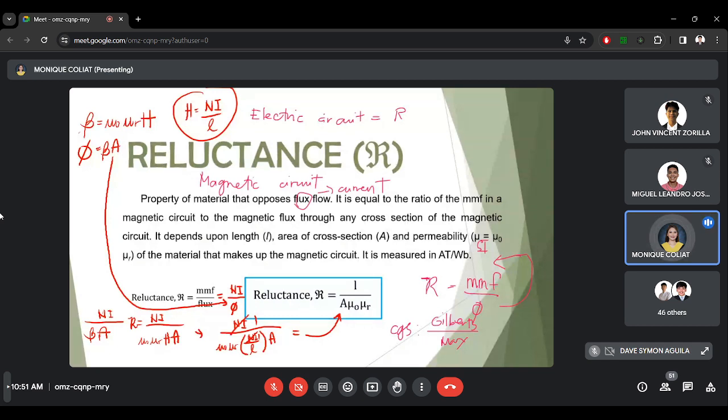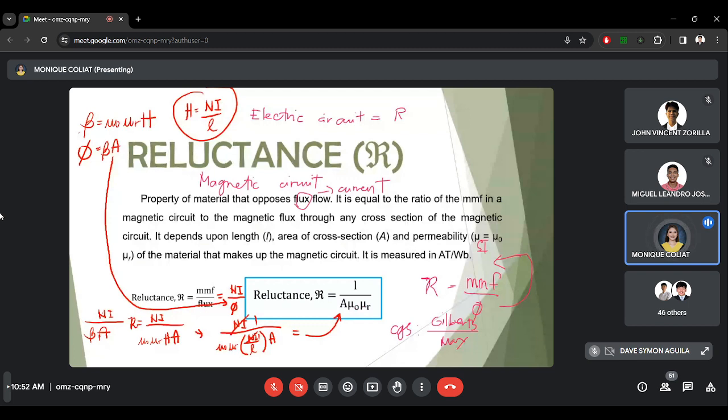It's easier to state when it's like that. So, this is the length of the material, then the area of the material, then we have mu O or absolute permeability and relative permeability.